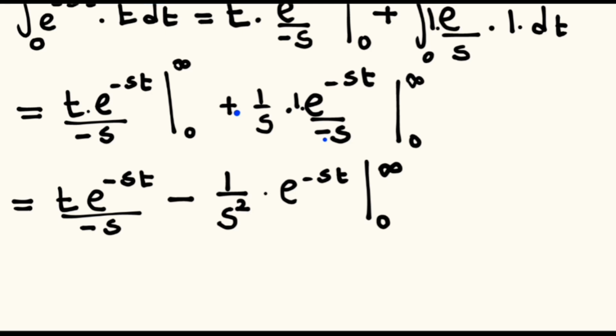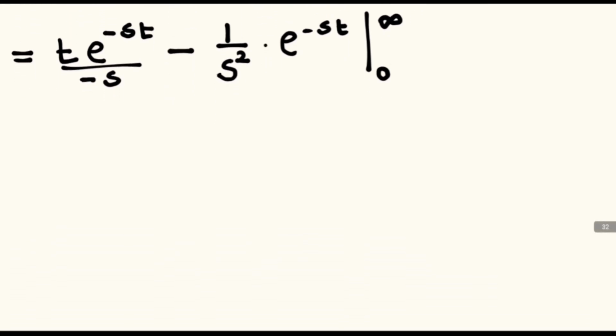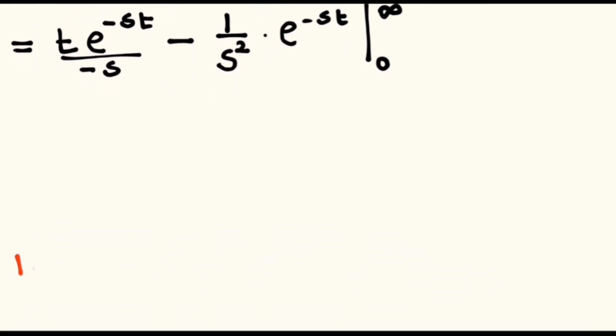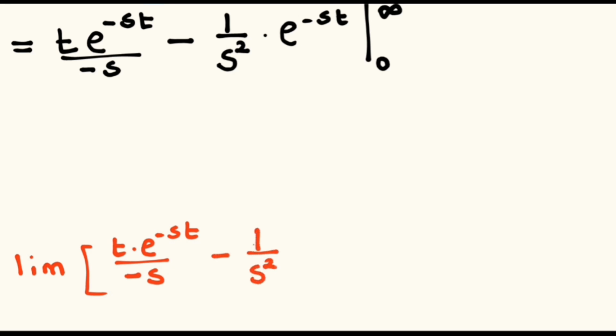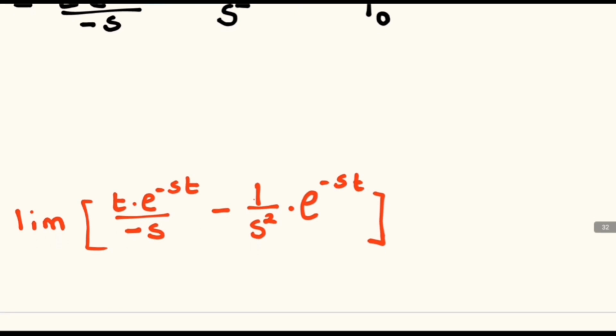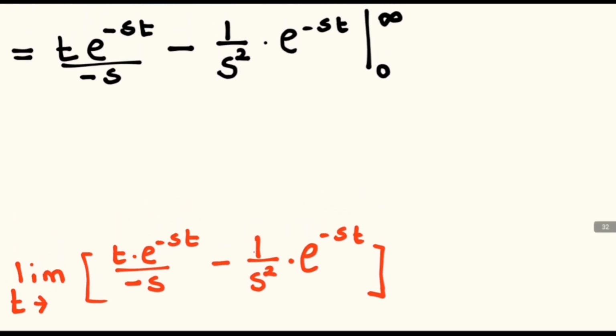From here, let's substitute our limits, but we cannot substitute the infinity directly. Instead, we look for the limit of t e raised to the power negative st divided by the negative s minus 1 divided by s squared multiplied by e raised to the power negative st, and this limit is determined as t approaches infinity.